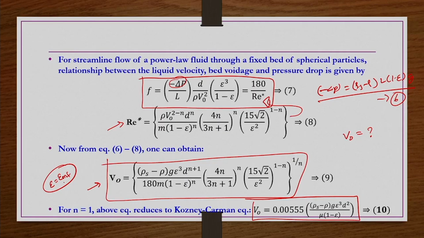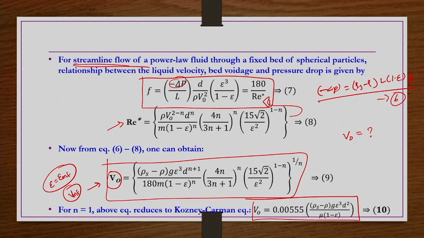So at minimum fluidized conditions, whatever epsilon is there, you substitute in this equation, and then the V naught is what we call the minimum fluidization velocity. This is how we can get the minimum fluidization velocity, but it is only for the streamline flow of power law liquids.